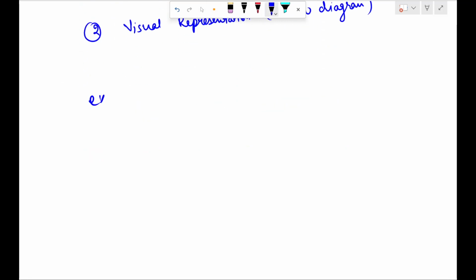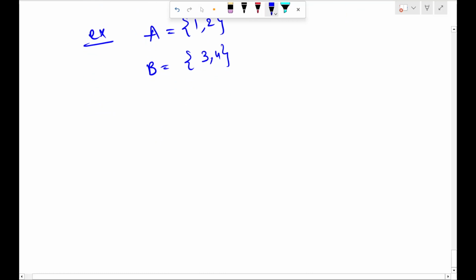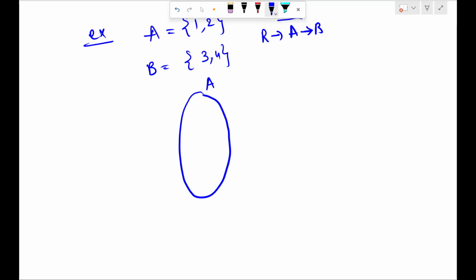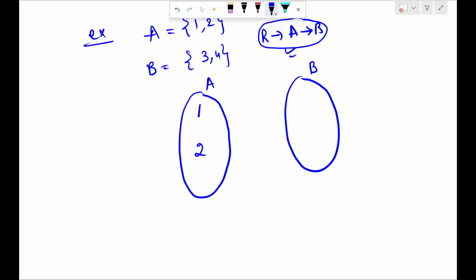So for example, if we have A is 1 comma 2 and B is 3 comma 4, then from arrow diagram we can draw it like this. This is set A, and when we have a relation from A to B, before drawing an arrow diagram we should have defined a relation. So this is A to B. This is set B, so it contains 1 and 2 elements, and this is set P which contains 3 and 4 elements.